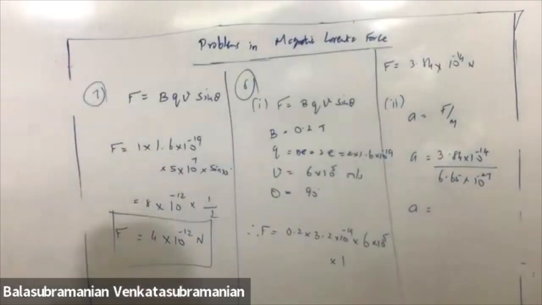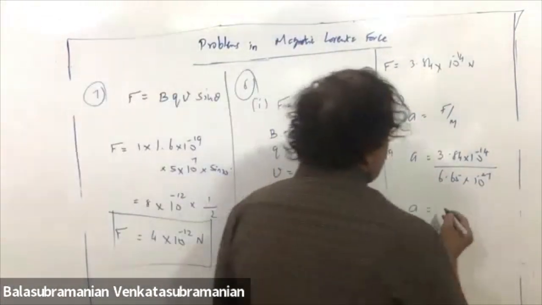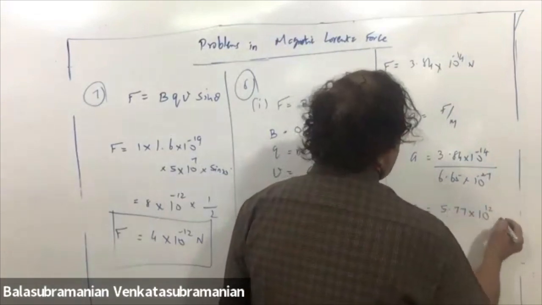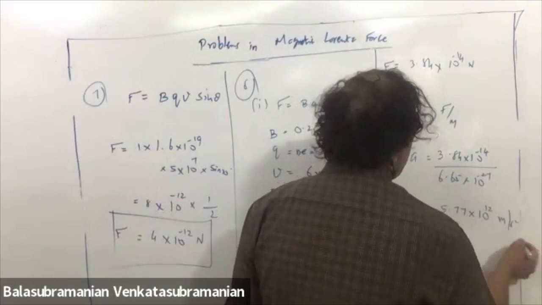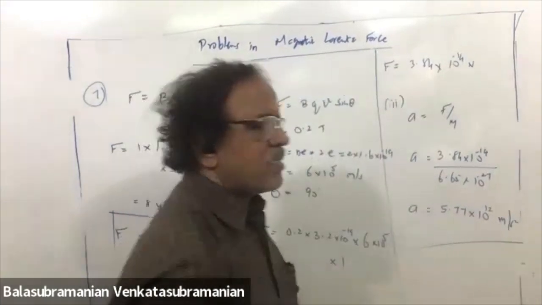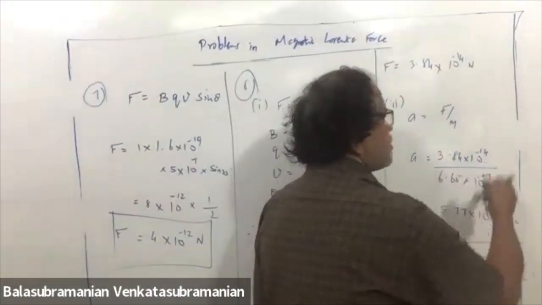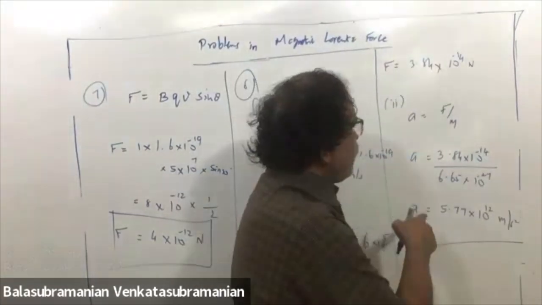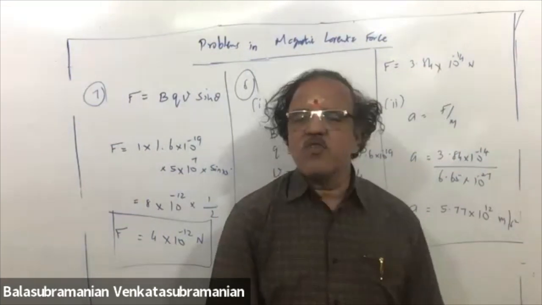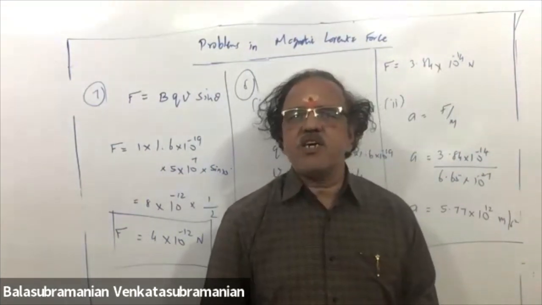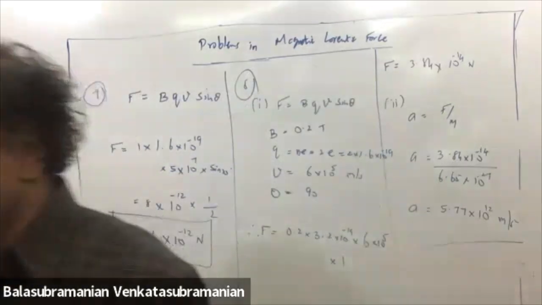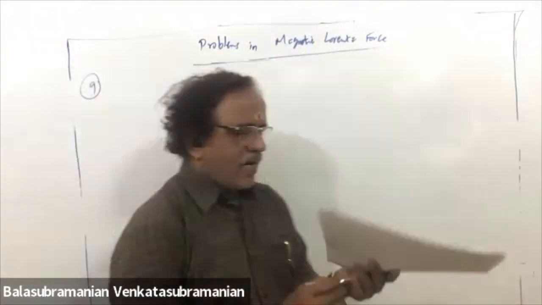So 5.77 into 10 power 12 meters per second square. Actually 10 power minus 14 plus 27, 10 power 13 will come, 0.577 you will get. So 5.77 into 10 power 12. Acceleration, not velocity, acceleration. So next problem, ninth one.